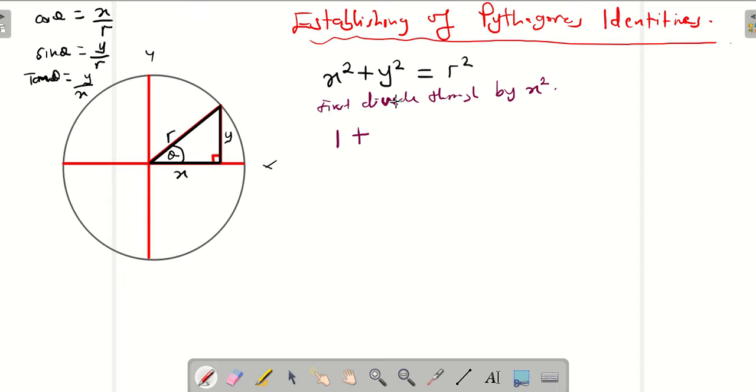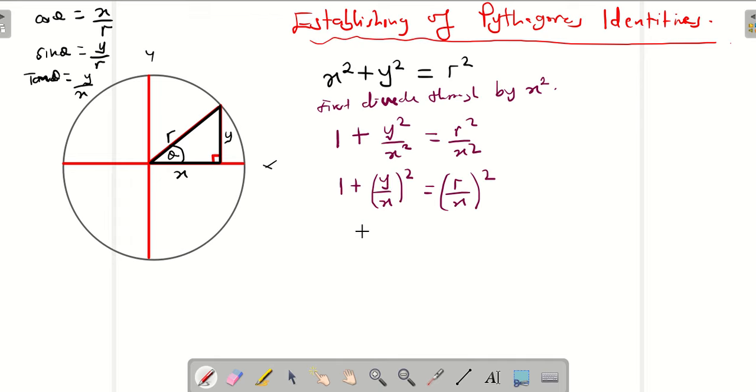Then plus y squared divided by x squared, is still y squared divided by x squared. Then should be equal to r squared divided by x squared. Now this can be written as 1 plus y over x all squared. Then that should be equal to r over x all squared.